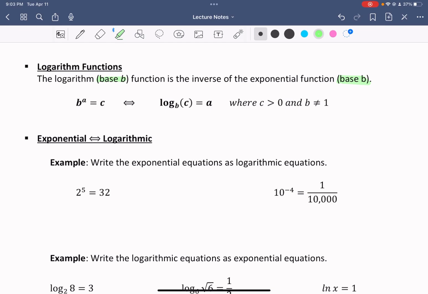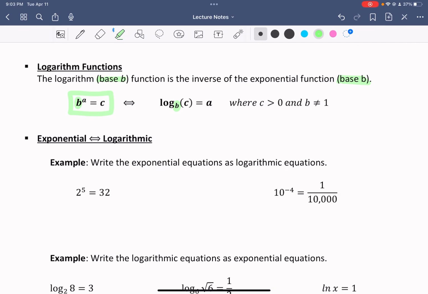And so what we want to be able to do is look at an exponential, so we'll be looking at something like this: base b raised to the a equal to c, and be able to transform it back and forth and turn it into a log. Notice the log also has the base b, like the base of the exponential, of c equal to a.